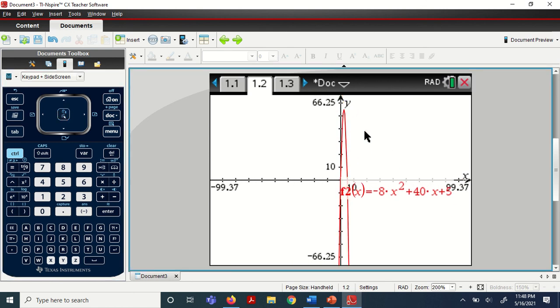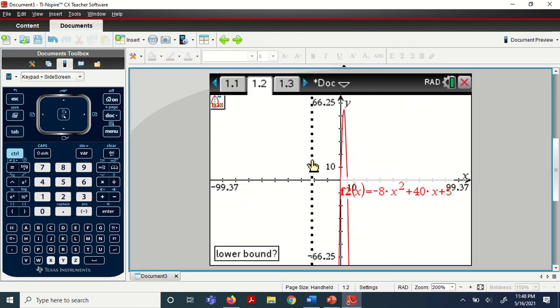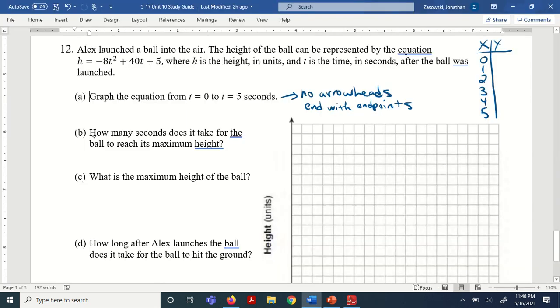Now we can go super far, but all we want to be able to do is hit the vertex here. So menu, analyze graph, maximum, click and drag, and then you can see that that point, 2.5 and 55, is the vertex.